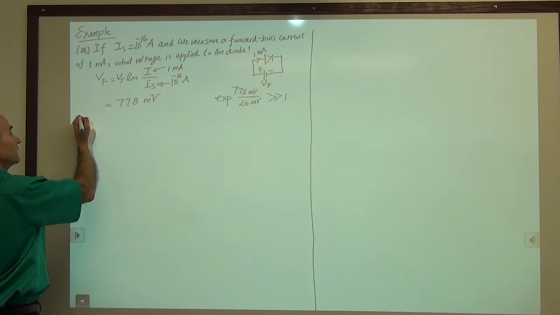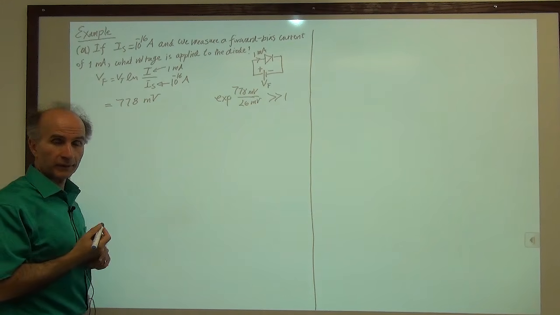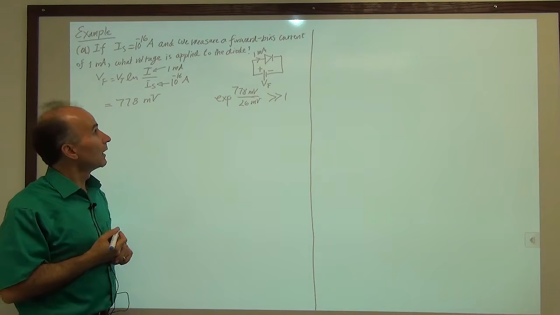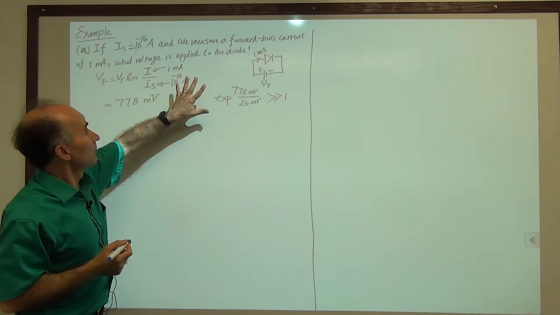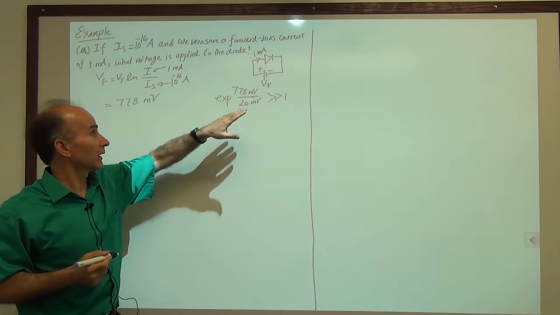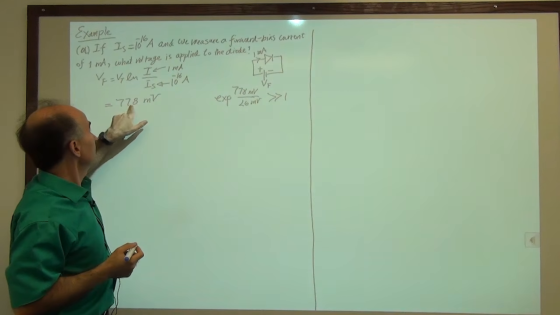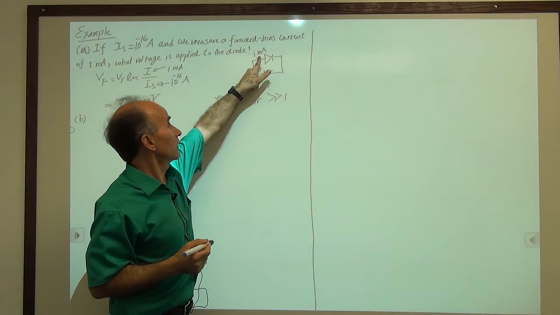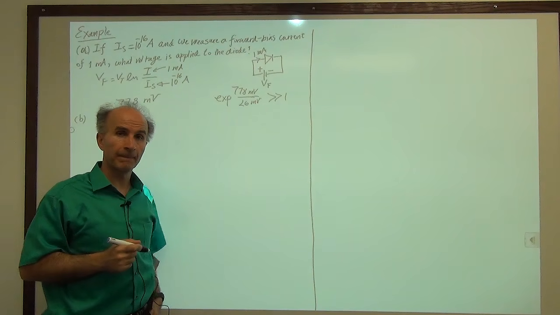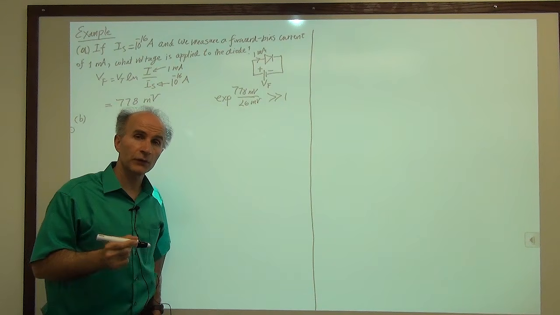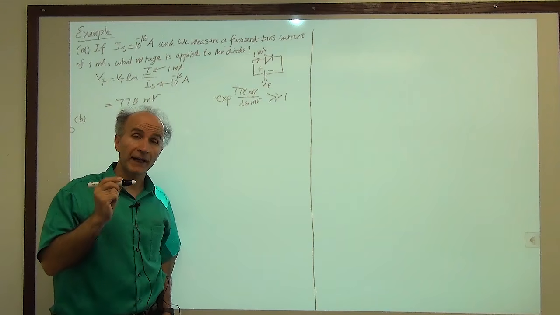Okay, in part B, we asked the following question. I performed this experiment. I applied a voltage of 778 millivolts, and I obtained a current of 1 milliamp. Now, what if I want to increase the current by a factor of 10?